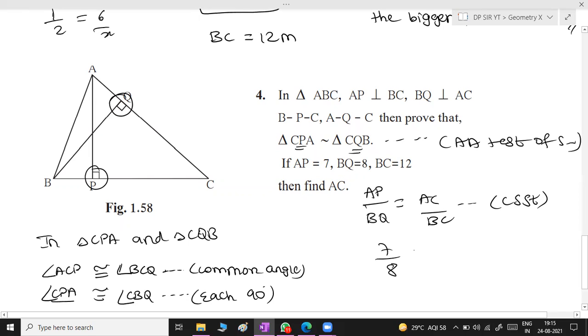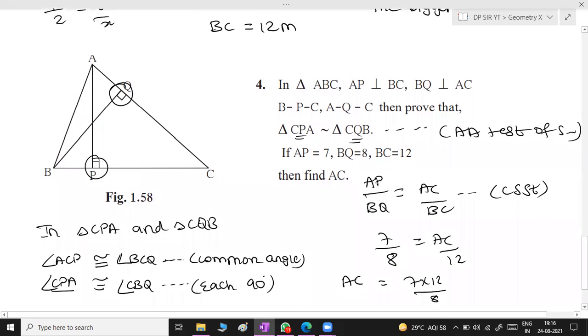7 upon 8 is equal to AC upon 12. Now you just calculate the values and do let me know. AC into 8, yeah, 8 AC is going to be 12 into 7, upon 8 नीचे चला जाएगा, ठीक है. Let me scroll a bit down.